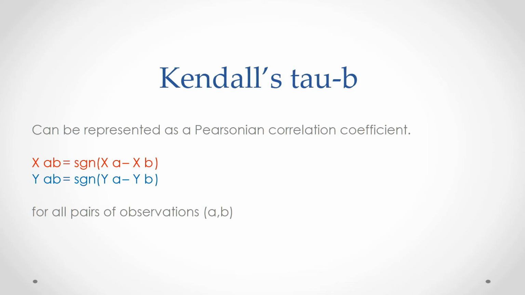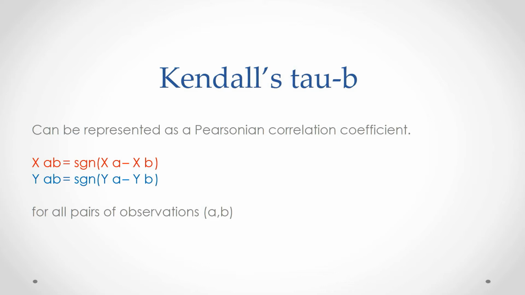This means that XAB is equal to minus 1 if XA is less than XB, equal to 0 if XA is equal to XB, and equal to plus 1 if XA is greater than XB. Similarly, YAB is equal to the sign of YA minus YB, and this is equal to minus 1 if YA is less than YB, equal to 0 if YA is equal to YB, and equal to plus 1 if YA is greater than YB.